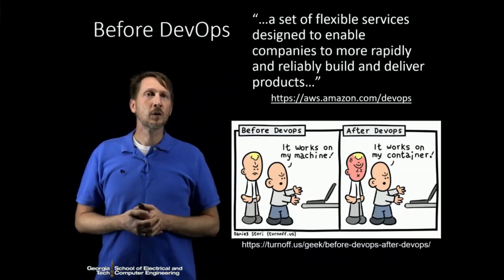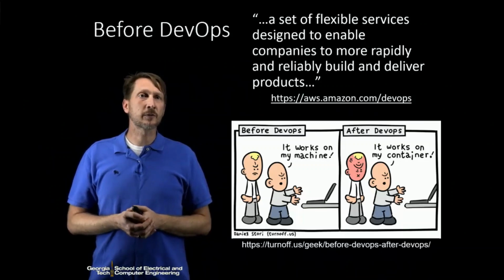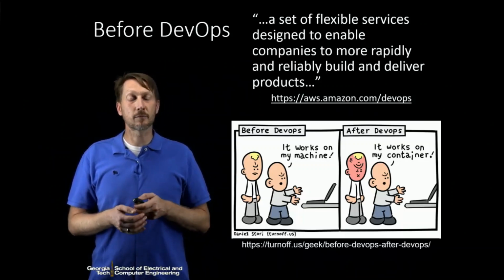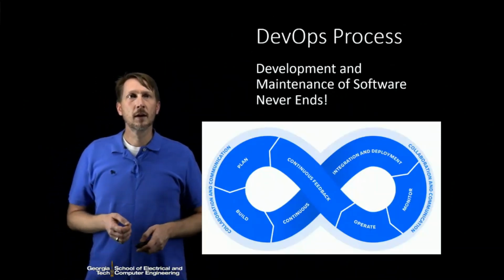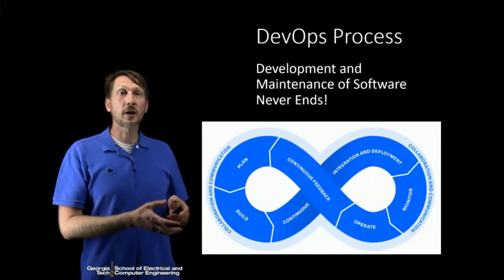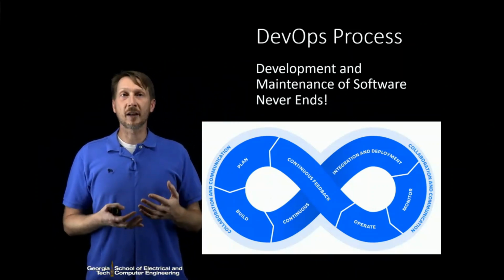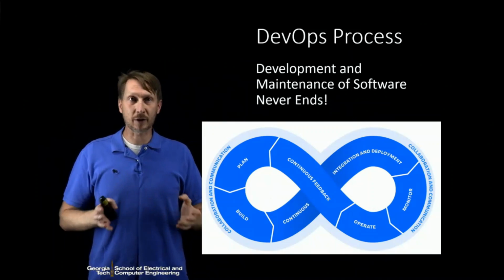According to Amazon, DevOps is a set of flexible services designed to enable companies to more rapidly and reliably build and deliver products. DevOps is oftentimes envisioned as an infinity, where the process of development and maintenance on software never ends.